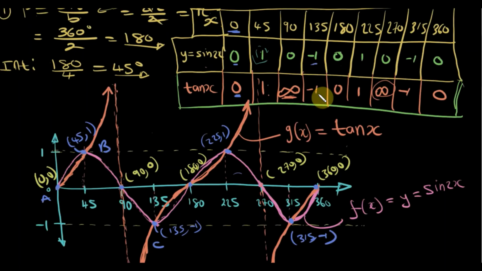So minus 1 minus minus 1, the same thing as minus 1 plus 1, which is 0. So at this point also the relationship is satisfied.